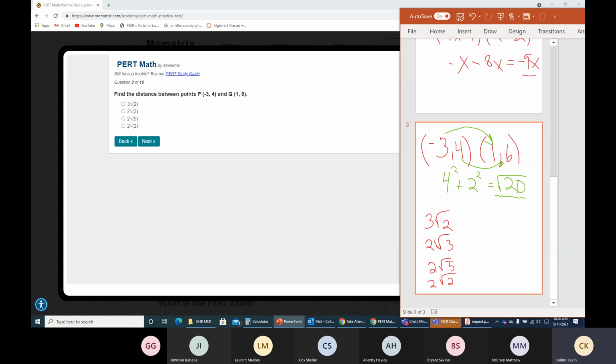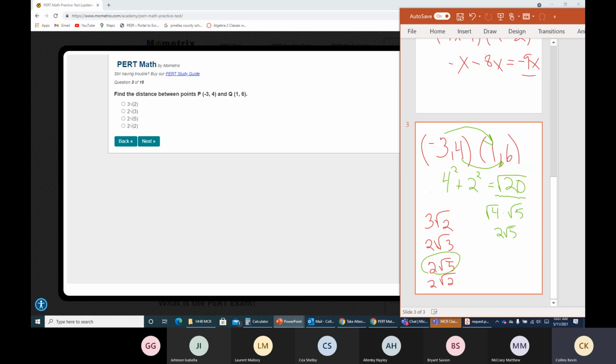Okay, so it's 4 times 5, right? So it means we could rewrite this as the square root of 4 times the square root of 5, because 4 times 5 is 20, right? The reason we do that is we know that the 4 is a perfect square, so the square root of 4 is just 2 times the square root of 5. So this is our guy.